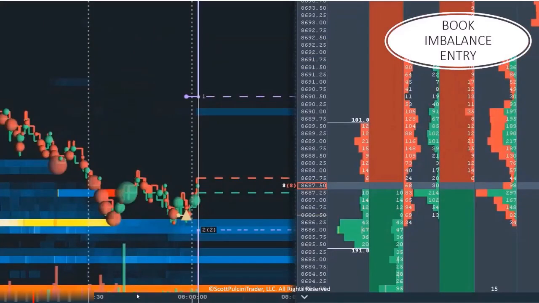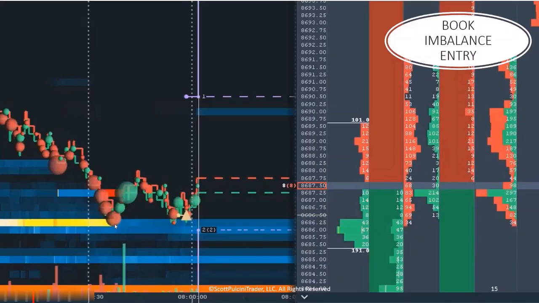So this is a balance entry, and you'll see the price comes down, pushed down by the aggressive sellers, gets into this area of liquidity at 86.25, and all the sellers get absorbed by the resting orders here on the bid. Some volume starts to come in right away.